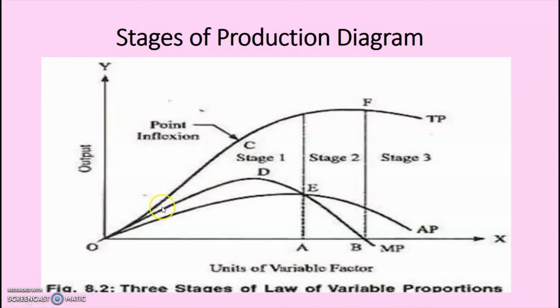You realize that from where production is 0 or the origin to where the average product is maximized, or where it meets with the marginal product, that is the starting point and then the end point of stage 1. So it begins from the origin and then ends at where the average product is at its maximum, that is the meeting point of the average product and the marginal product.